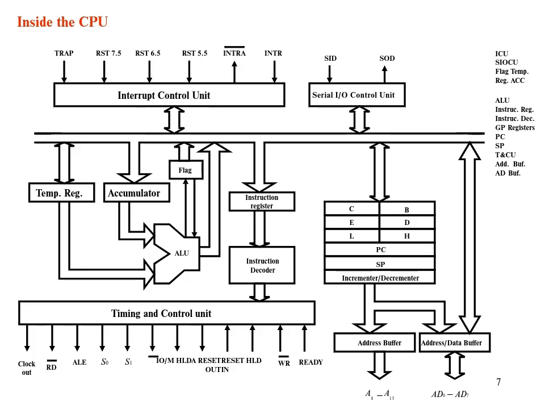What you see here in this image is actually the inside of the CPU, central processing unit. You don't have to remember anything here, just take a look that within the CPU there are many building blocks, and I have listed all those building blocks on the right hand side. It includes accumulator, temporary register, arithmetic and logic unit, instruction decoder, and also temporary memories inside the CPU.